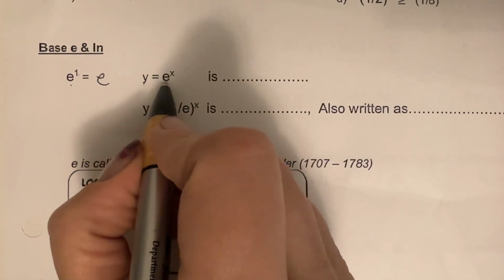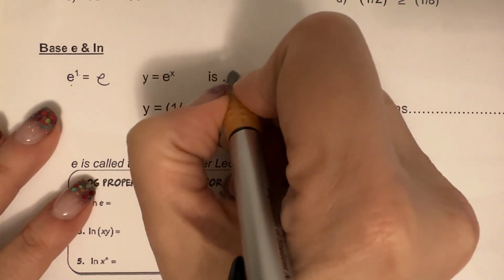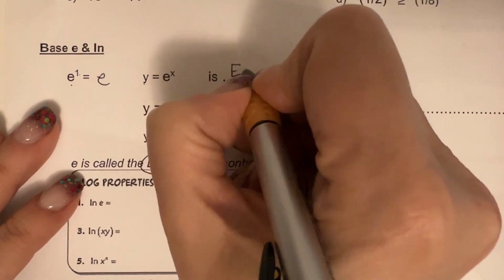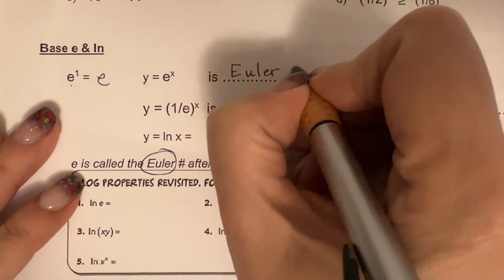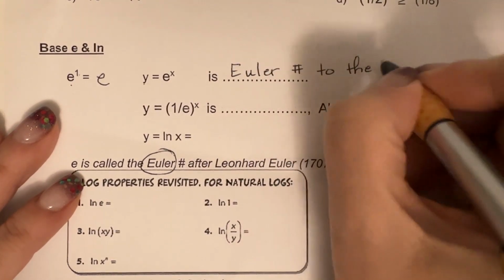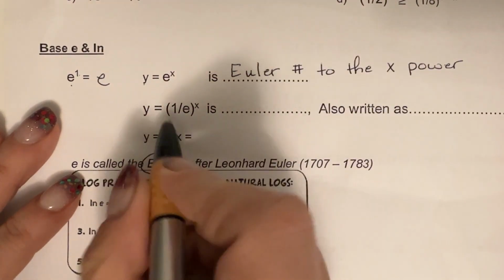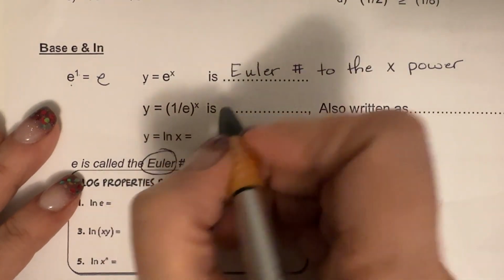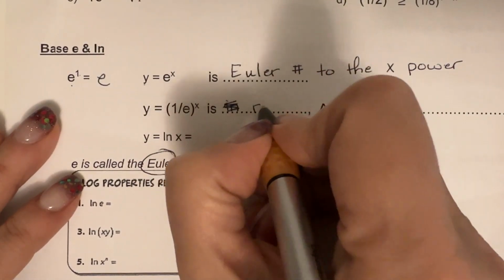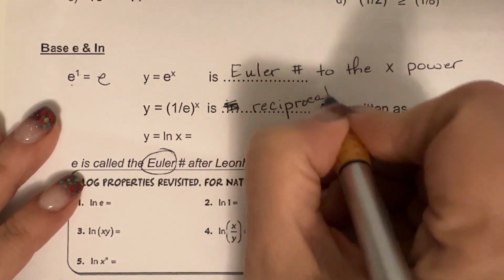So let's go over, let's fill this stuff in. So y equals e to the x. That is the Euler number. So let's kind of like put that in there. To the x power. Down here, if I do 1 over e, that's just the reciprocal. Sorry, I chose the wrong one.